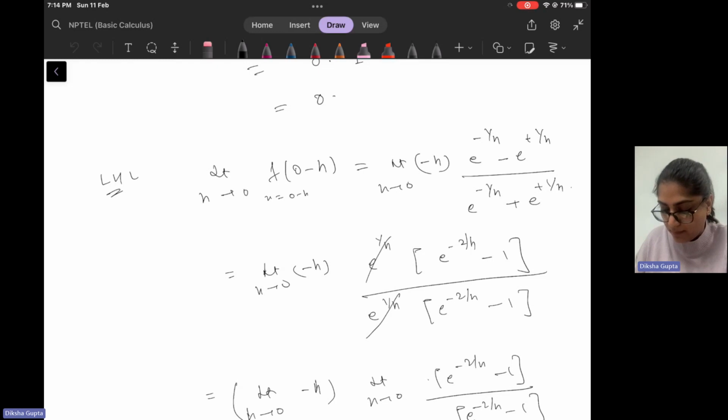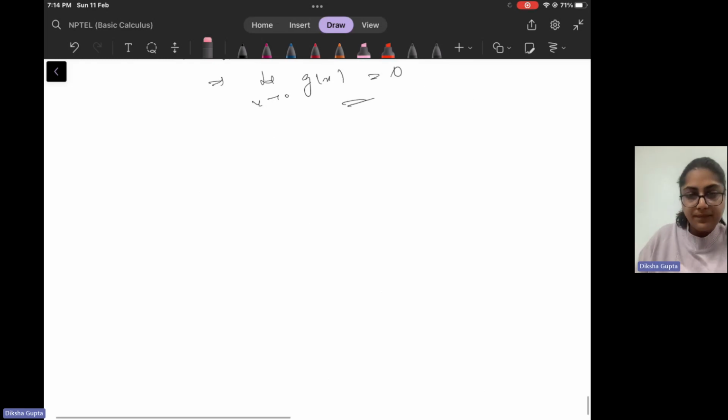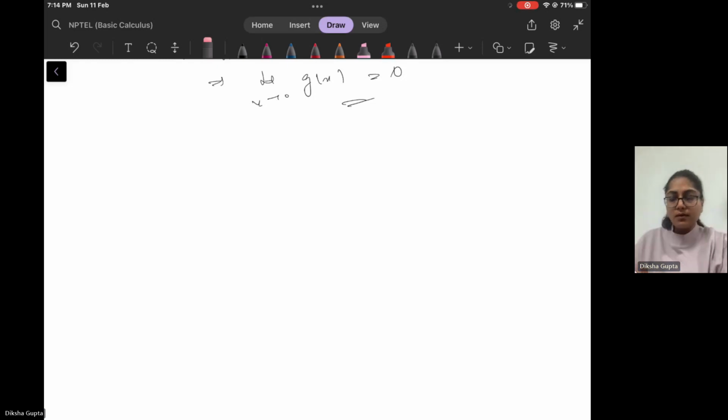So slightly less than 0, that quantity is minus h, and h is positive, so h tends to 0 plus again here. Okay. So this is one way to evaluate the limit, left hand limit and right hand limit.